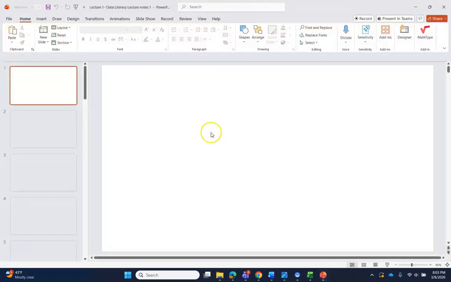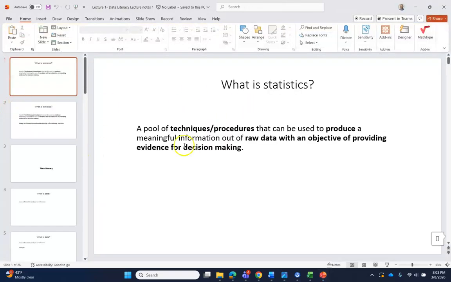I'll go through these PowerPoints very quickly to show what we learned during our first week and how important it is for us to understand different characteristics of data. The first thing we looked at was what statistics is.